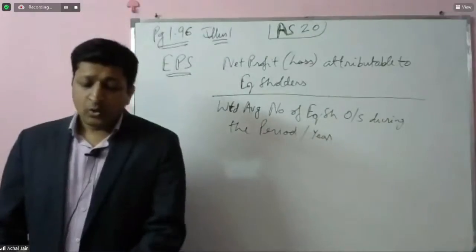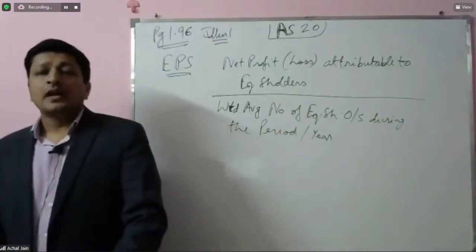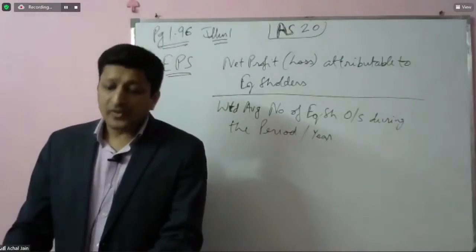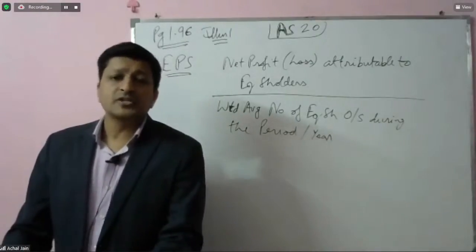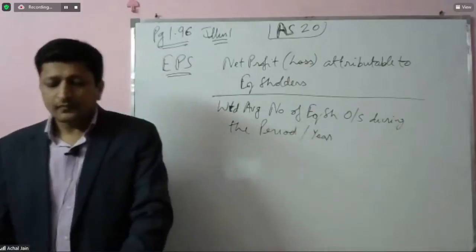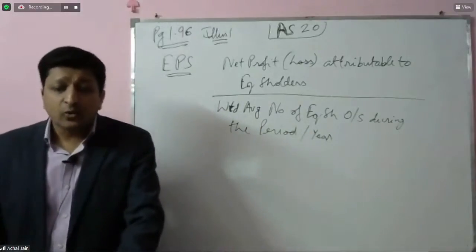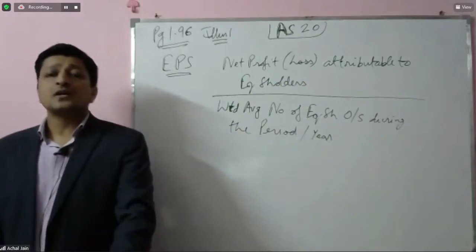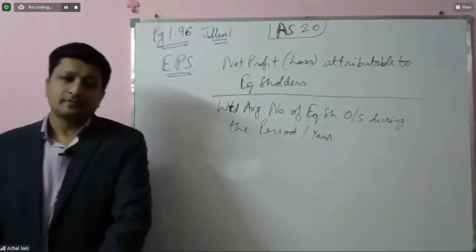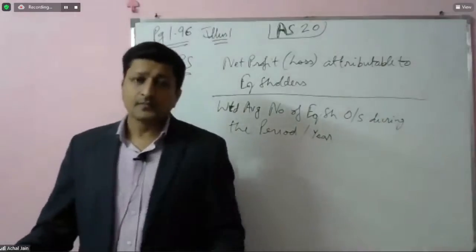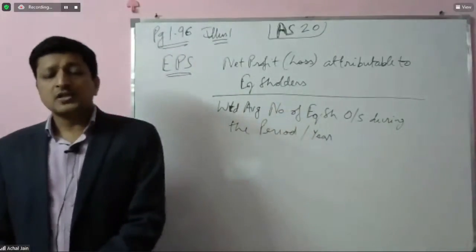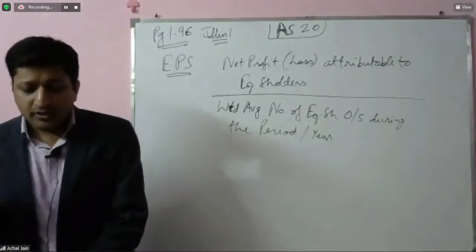Then, on 31st of May, additional shares were issued, 600. On 1st of November, certain shares were bought back. You are required to calculate the weighted average number of shares outstanding during the year.